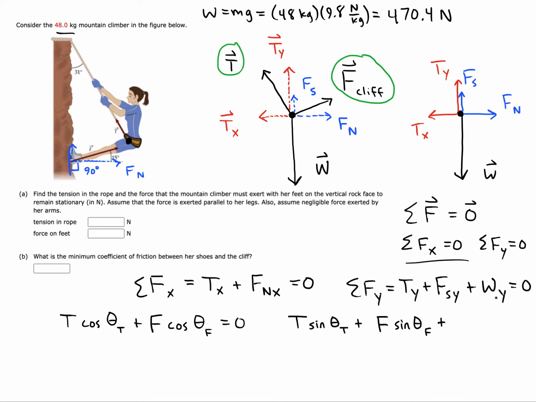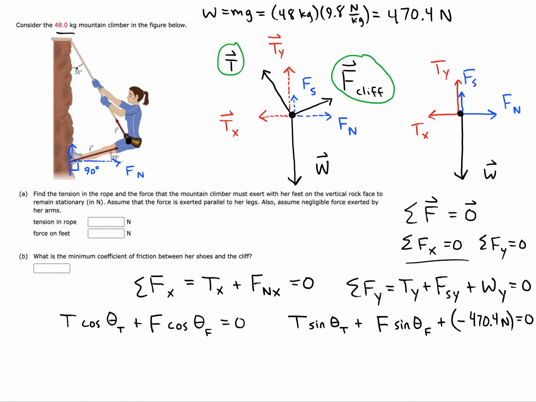And then when it comes to her weight, we actually have a number for that. But the weight points down, so I'm going to give it a negative. But my next step would be to plug in the angles.